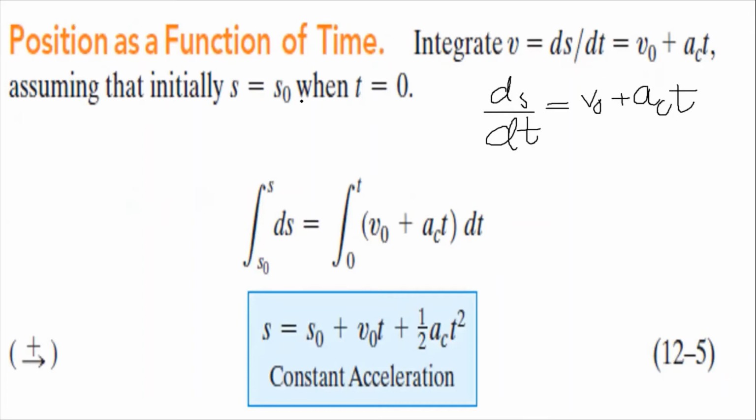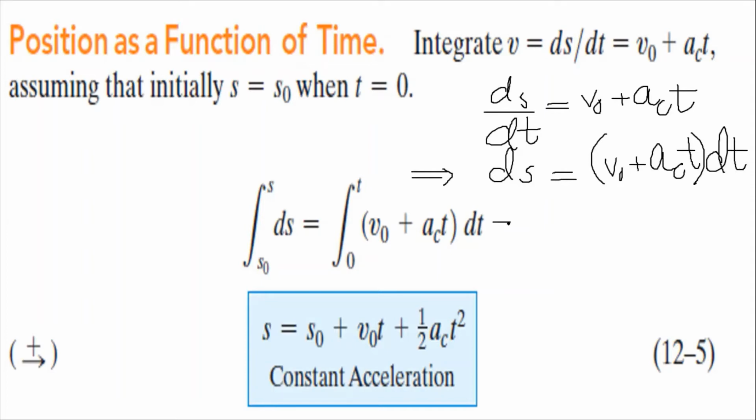Initially s equals s naught. So the initial distance is s naught, final is s, and initial time is 0 and final time is t. So we write it like this: ds equals v naught plus at dt.